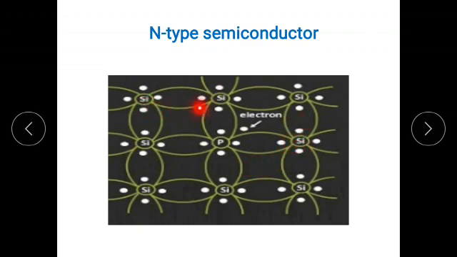Here we consider a silicon crystal, and when a pentavalent impurity like phosphorus is added, then 4 electrons from each neighboring atom are shared by the silicon, and this is the pentavalent impurity. It provides 1 extra electron because it shares 4 electrons, but 1 electron is an extra electron.